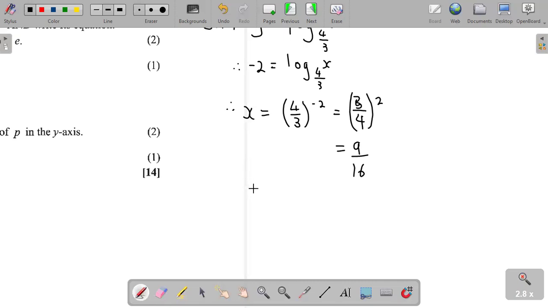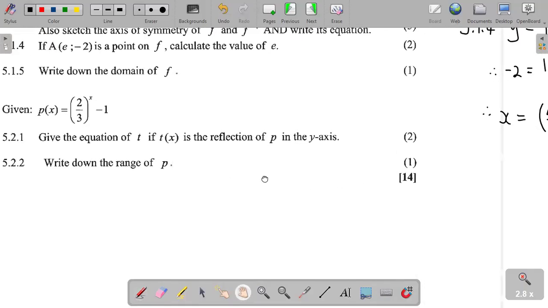So this means therefore e equals 9/16. It's fine if we leave it here because they don't want any decimals. They didn't ask us to round off, isn't it?